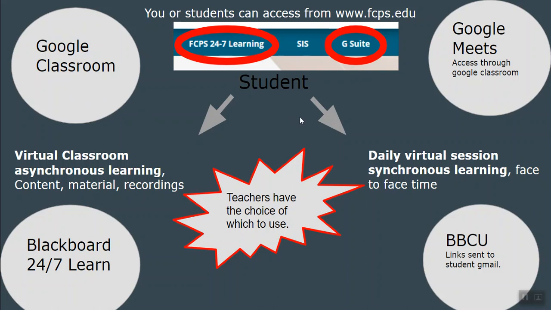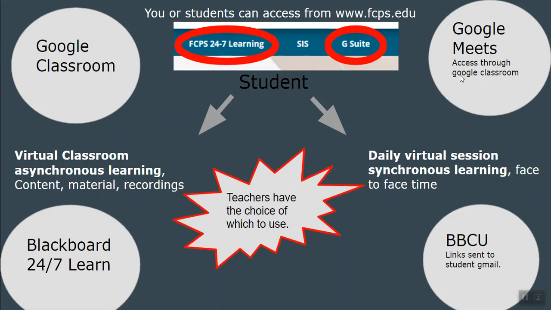On the other hand, we have our virtual sessions, our daily classroom time, face-to-face sessions. And that can either be done with Google Meet or through what's called Blackboard Collaborate Ultra. Blackboard Collaborate Ultra is determined by links. So the teacher will create the session and they will send invites through the student's Gmail account specifically for that class.